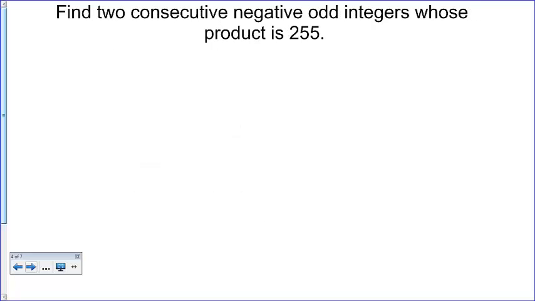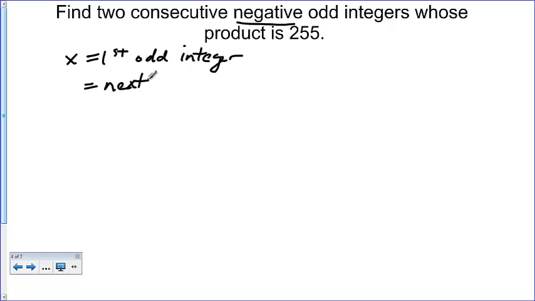Find two consecutive negative odd integers whose product is 255. So let's define the variable. Let's let x be the first odd integer. The next consecutive odd integer after x, and we've done this in the past, will be 2 more than the previous one, so x plus 2.